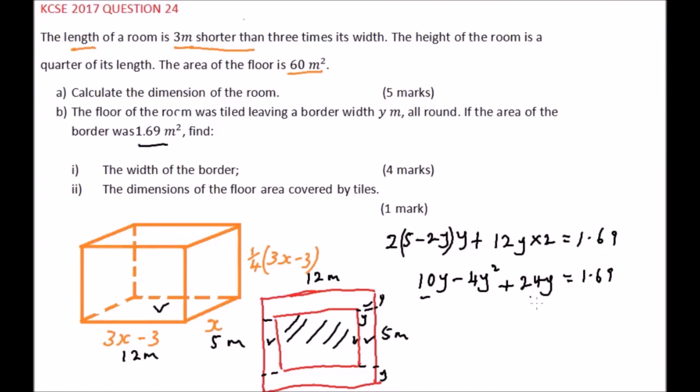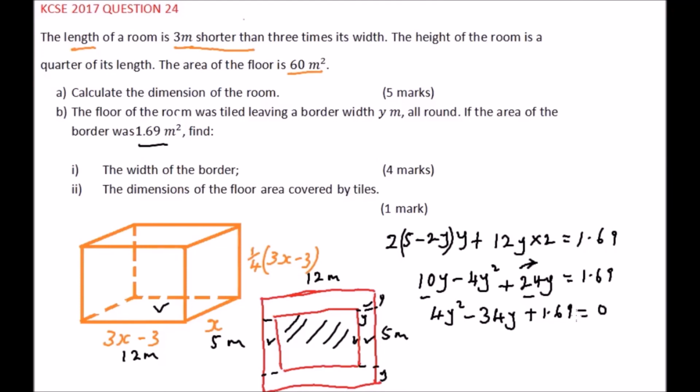So 10y plus 24y will give you 34y. We take everything to the other side because of the minus 4y squared, so that it is positive. So we have 4y squared, minus 34y, plus 1.69 is equal to 0.